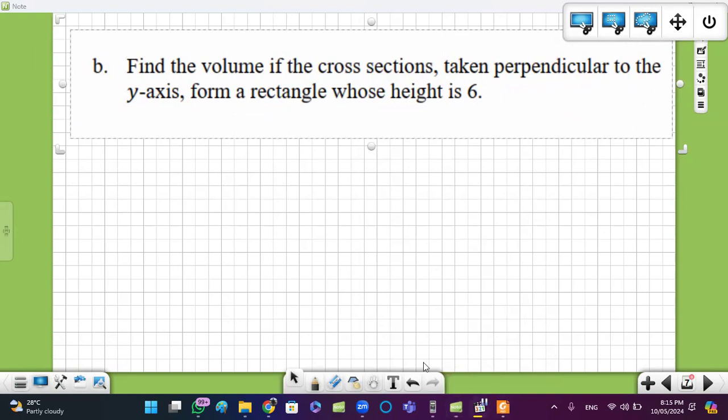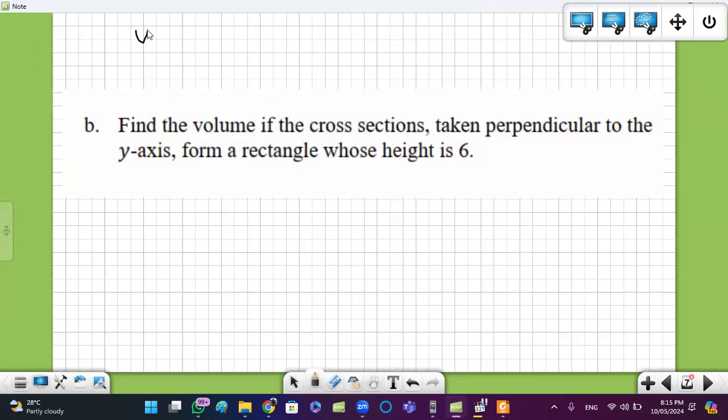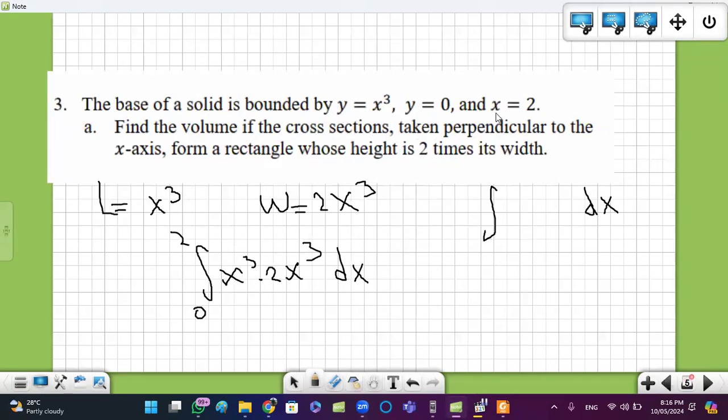So dy. Yes. So I have the equations y equals x to the power 3 and y equals 0 and x equals 2, correct? Yes. These are the equations. I didn't do anything, Hassan. I have written this.